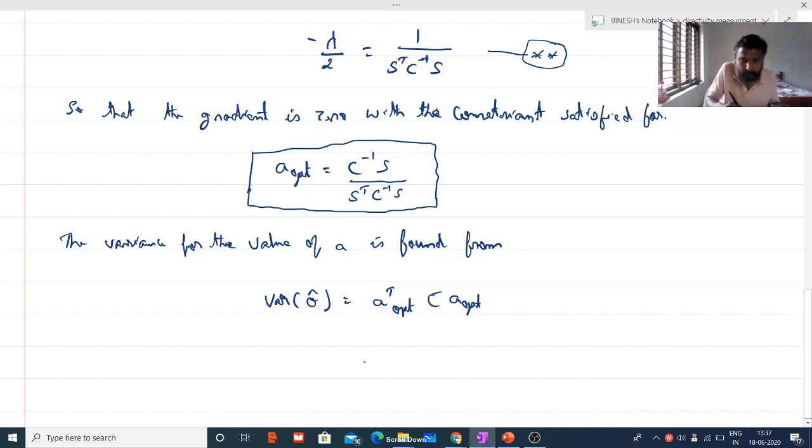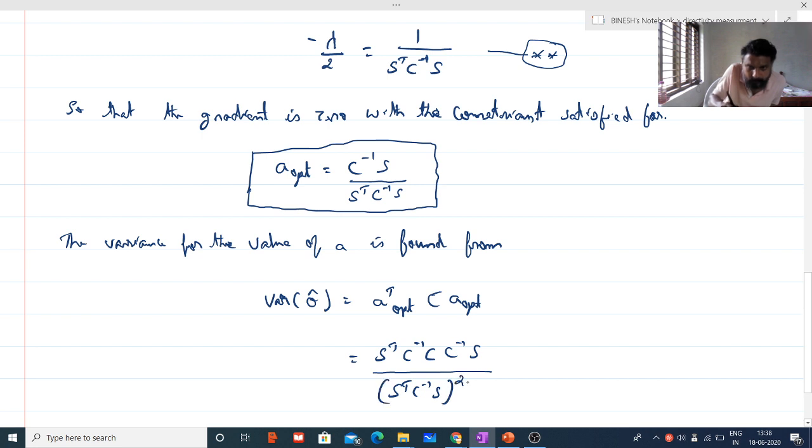A transpose optimum is S transpose C inverse divided by S transpose C inverse S, and then next is this C. Again, A optimum is C inverse S divided by S transpose C inverse S.